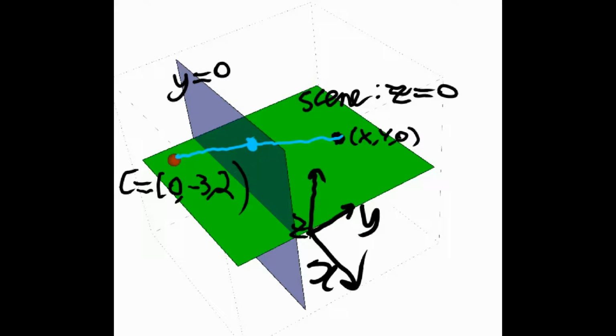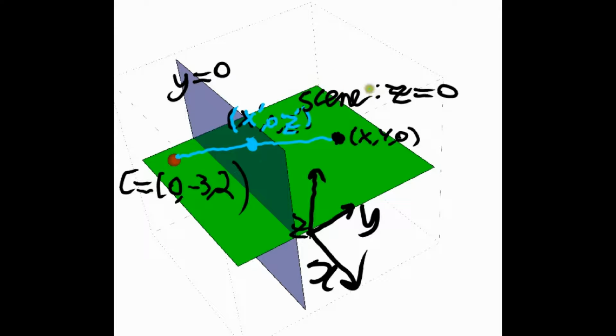And we're going to call the image of this point x dash, 0, z dash. So this is basically all we're going to do. We just want to find out how the image x dash, 0, z dash depends upon the original point x, y, 0.